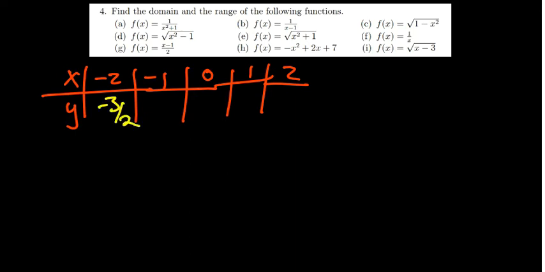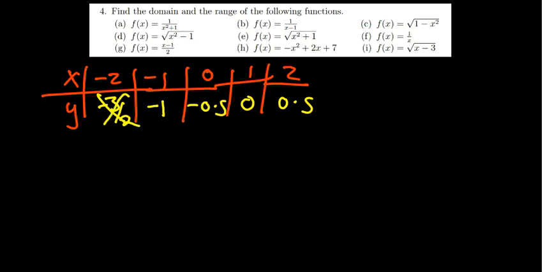If I plug in a negative 1, negative 1 minus 1 will be negative 2, giving me -1. If I plug in a 0, we'll have -0.5. If I plug in a 1, it will be a 0. If I plug in a 2, it will be 0.5.